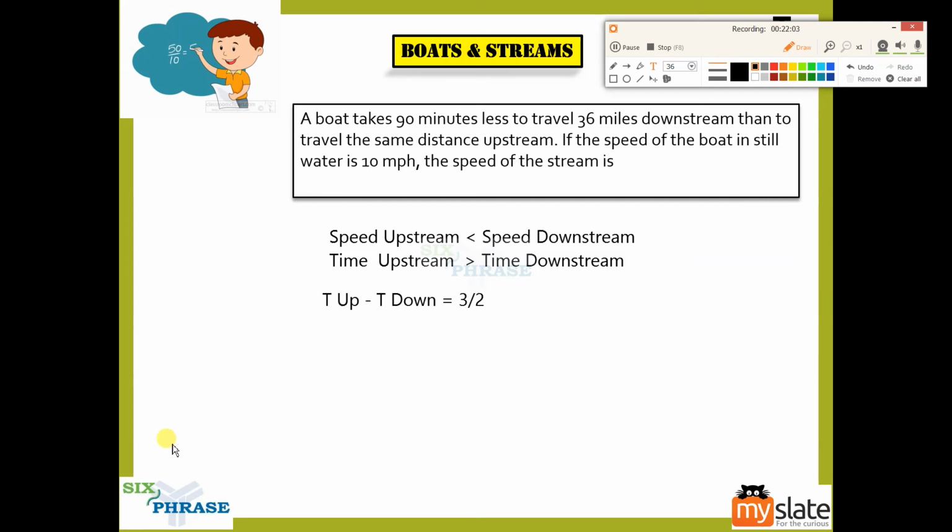So now what is the time upstream? Time is equal to distance by speed. What is the distance? Distance is 36 miles by speed. Upstream, what is the speed? u minus v, right? Here u is 10 miles per hour. What is v? v is what we have to find.